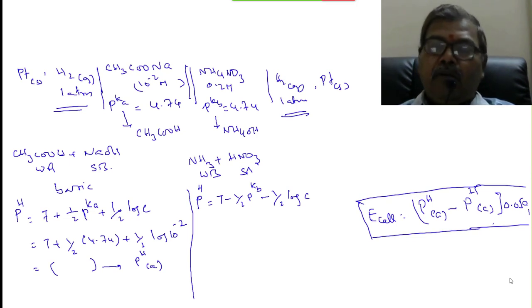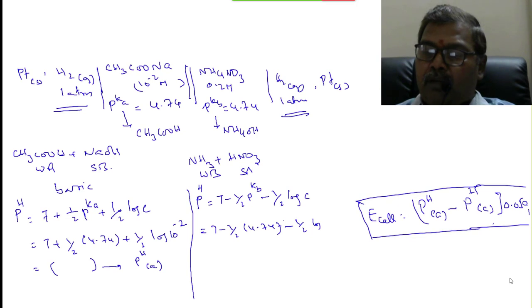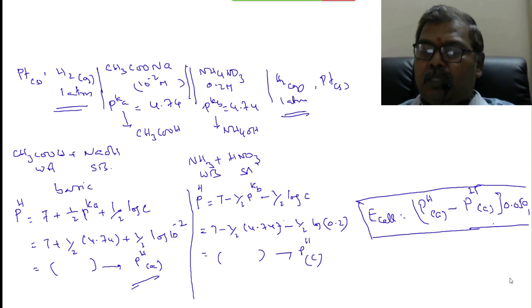This formula we derived in ionic equilibrium. Now it is 7 minus half 4.74 minus half log 0.2. Right? So find here the pH of the solution in the cathode half cell and substitute these two values in this equation. You will get the EMF of the cell.